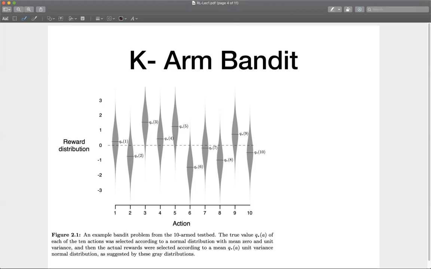This is the average return for this first arm, and the return is actually a random number. Here it's just a Gaussian distribution, a normal distribution with some mean and variance. So the first arm has a return of maybe a quarter. The second arm you lose; it has a return of negative 0.8. And so on and so forth.